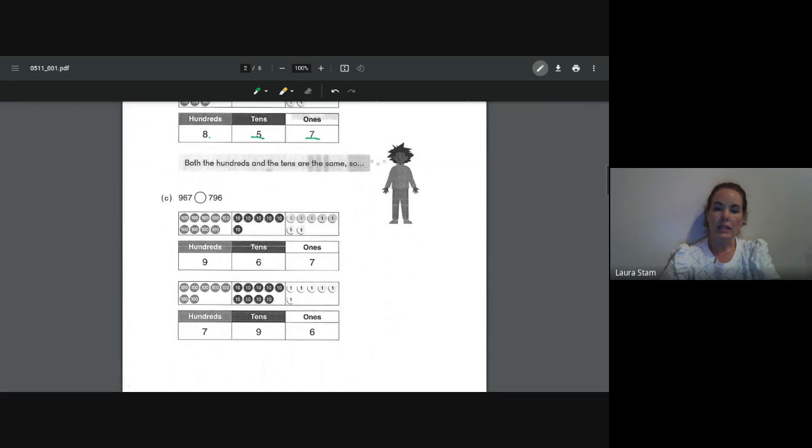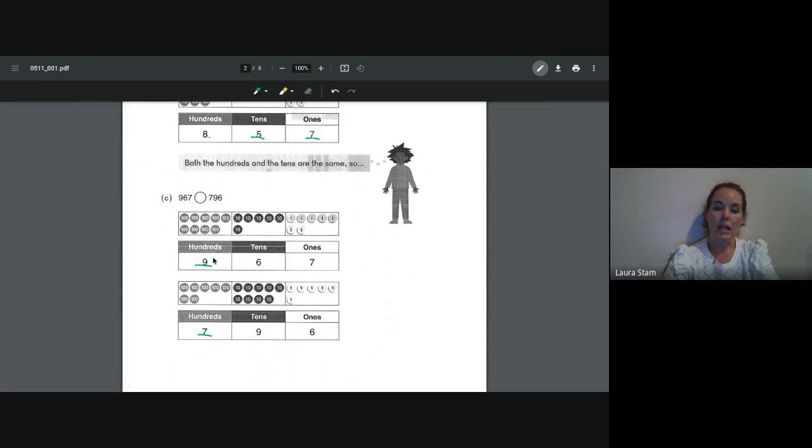All right, let's look at this problem. Now, what's interesting about this problem is we have all the same numbers. We have 7s, we have 6s, and we have 9s. But that won't bother us because we know that the first thing we always look at is the hundreds and we ignore all the other numbers for now, okay? So let's look at this 9 and this 7. And we see that they are both different numbers.